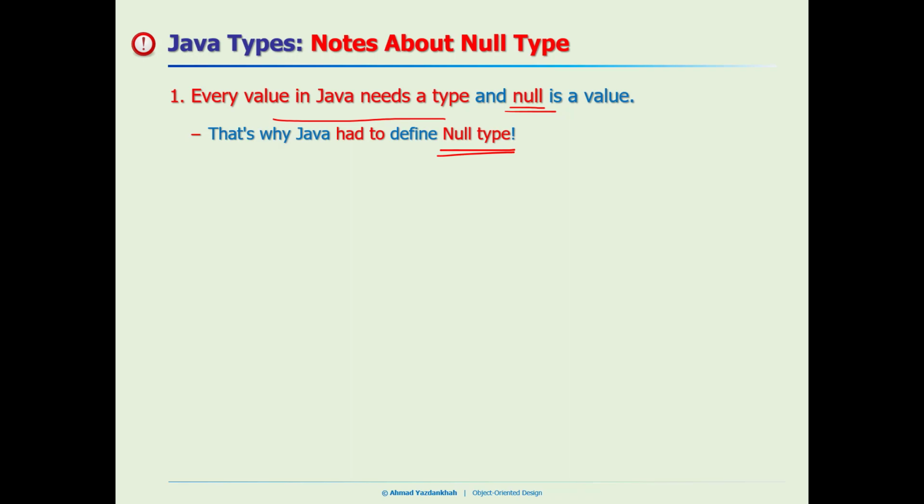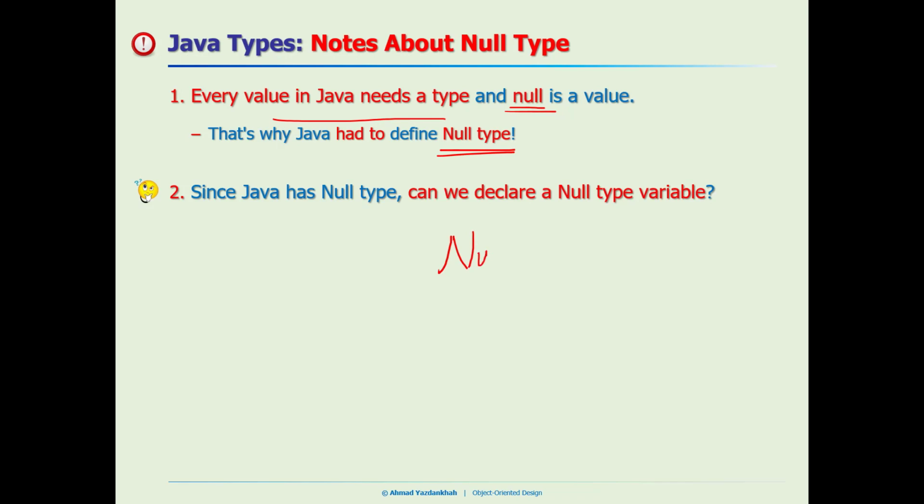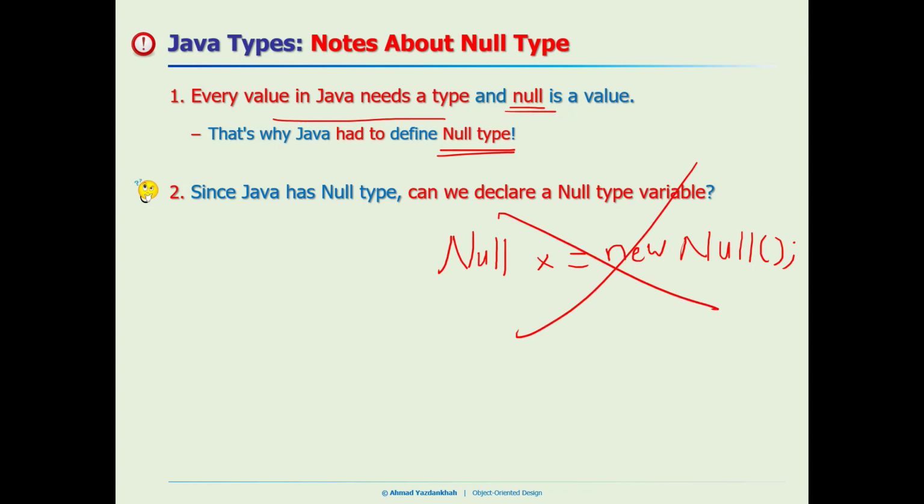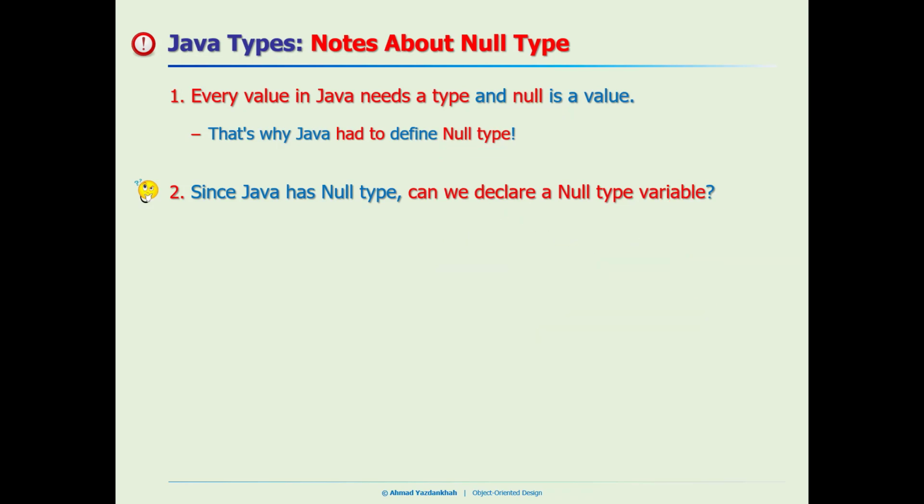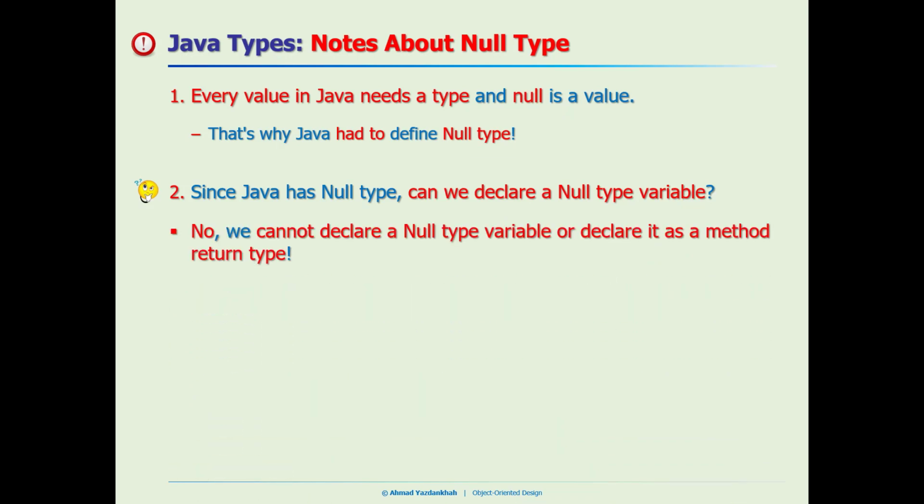But since they defined this null type, it is not the case that you can say, for example, x equal to new null, like any other classes. We don't have such a thing in Java.